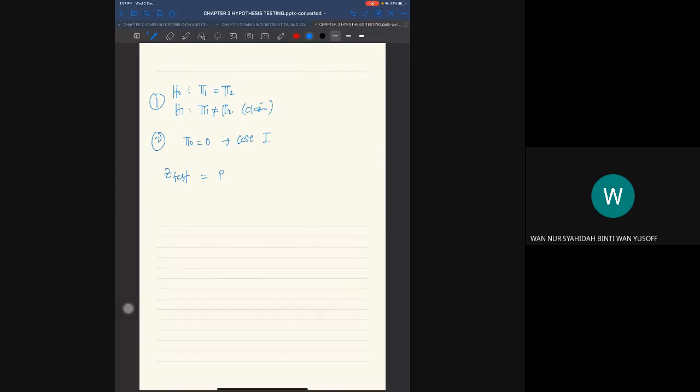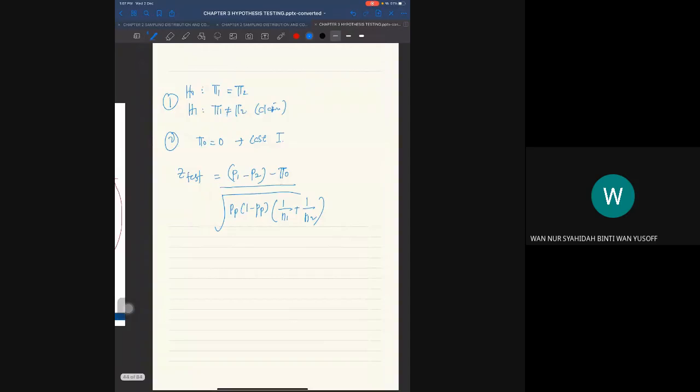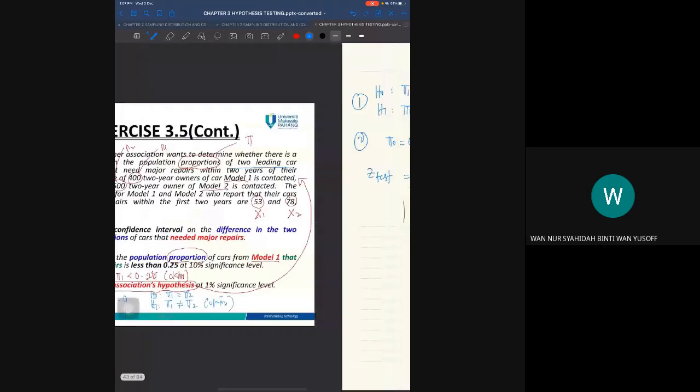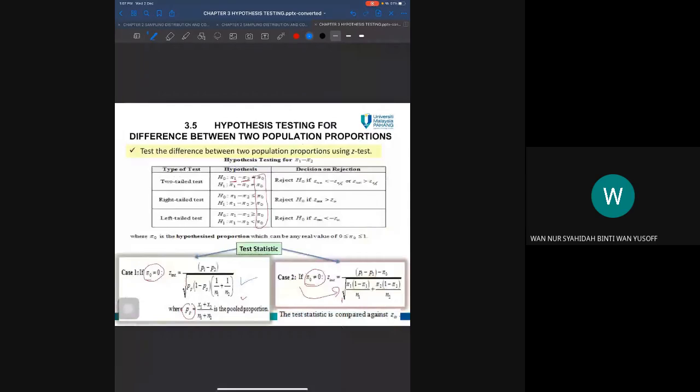So, P1 minus P2 minus pi naught. Okay, let's check the formula. So pi naught is 0.